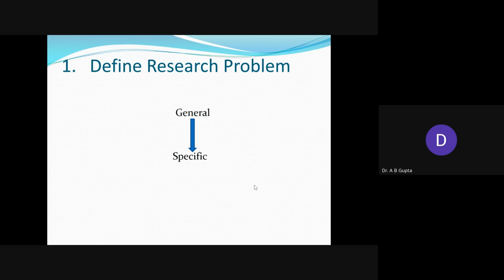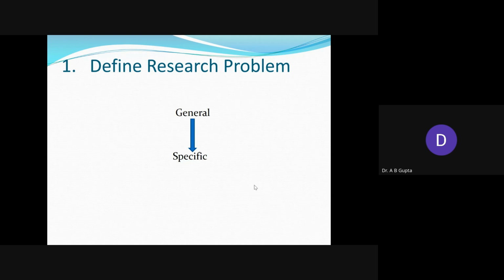Fine tune that statement of the problem, and you are moving from general to specific. Initially the problem definition is very general, and then slowly and steadily you become more specific, fine tune it, spend some more time, make it more and more clear and specific. That is how you define the research problem.